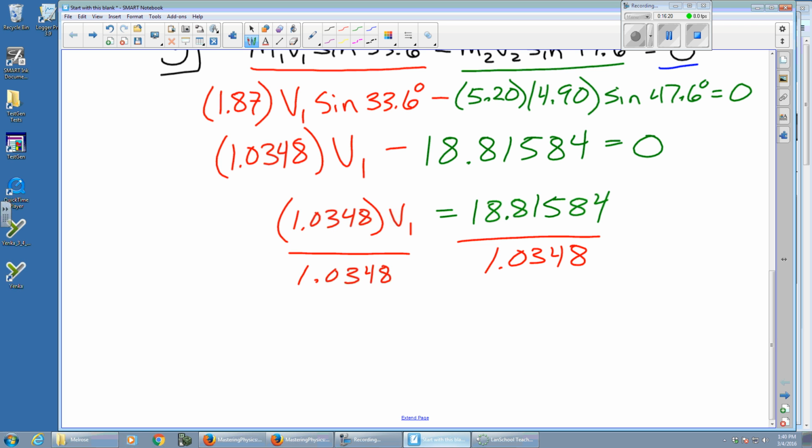Are you sure that your calculator is in degrees? Check that. Bring your calculator up and I can show you, because my one for the screen still isn't working. I get an answer of 18.2.